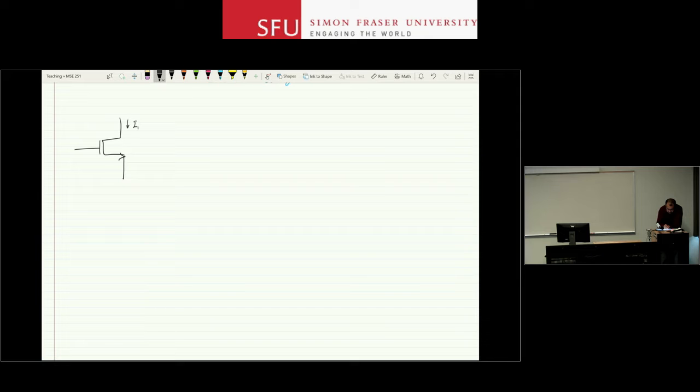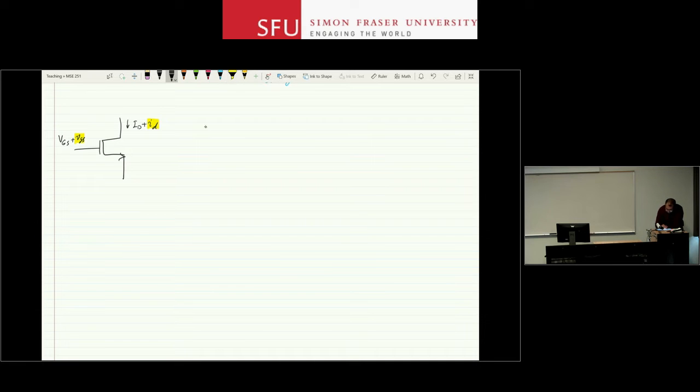So I want to go and say, if this little ID here is in response to a small signal applied to the gate of this device, how can I come up with a small signal equivalent circuit for this transistor to just do the DC analysis first, but then after that only focus on the changes. So I want to see what relates this little ID here to this little VGS here. So I will come up with that model.